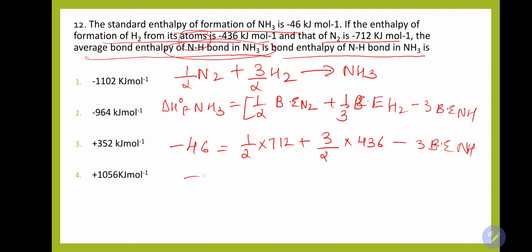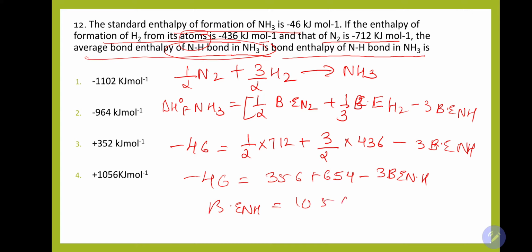So minus 46 equals, if you solve this, 356 plus 654 minus 3 into bond energy of NH. So bond energy of NH is 1056 divided by 3, which is equal to 352 kilojoules per mole. So the answer is 352 kilojoules.